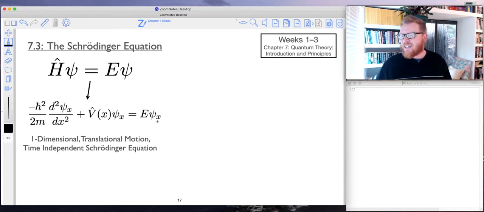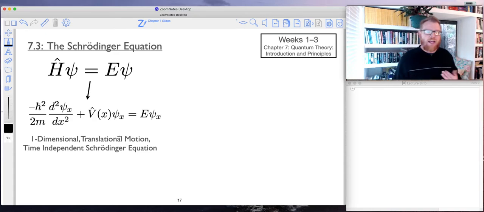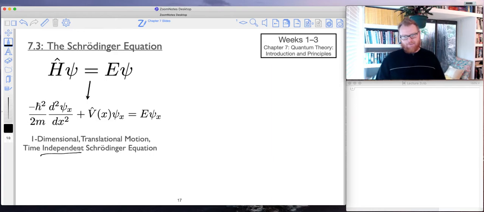And so now what we're dealing with for now is the one-dimensional translational motion only, so we're not building in the vibrations or the rotations just yet, and time independent, okay? So this is kind of what we call the standing wave approximation.